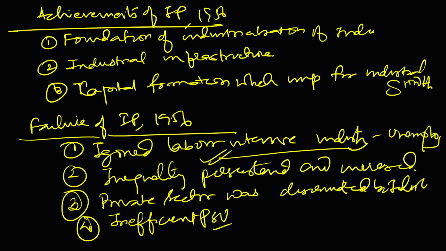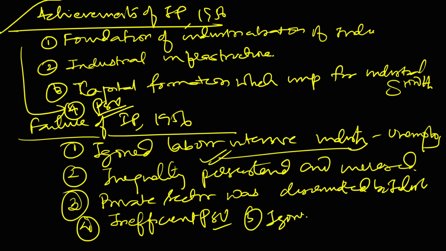Here, one of the positive points you can also talk about is the PSUs: the entire PSU base, which is the core of Indian industry, was laid down during this industrial policy only. But it had its own problems like labor problems and inefficiencies. And fifth was neglect of exports. We went for a closed economy and completely ignored exports. That was one of the major flaws of this policy.